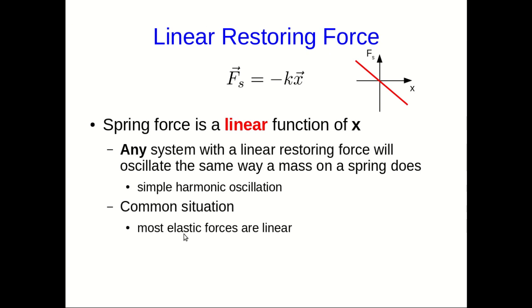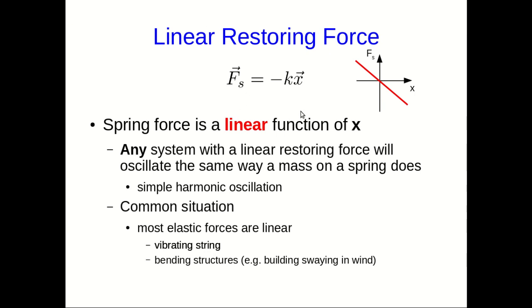For example, pretty much all elastic forces are linear, and so things like vibrating strings and bending structures like buildings swaying in the wind end up having linear restoring forces, and so they execute oscillations that are just like a mass on a spring. But there are some other surprising examples.